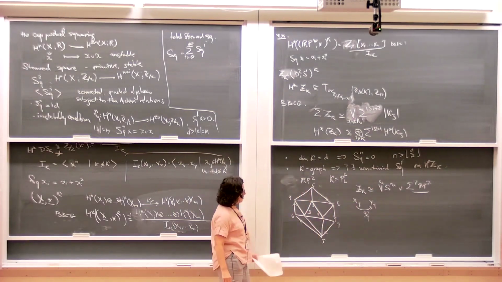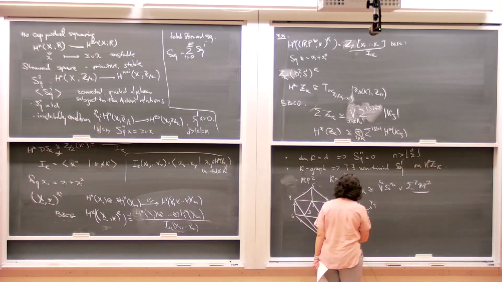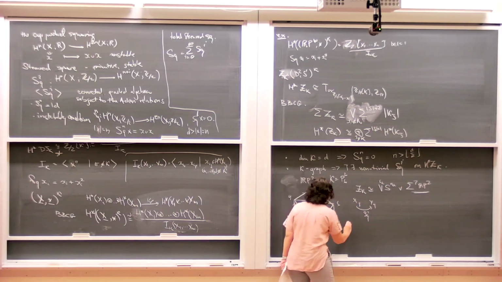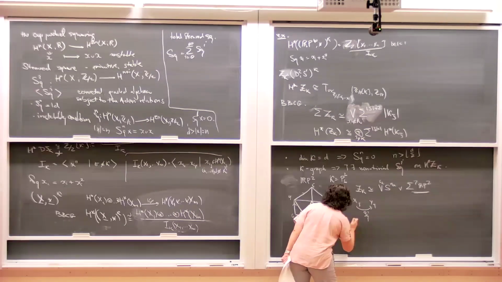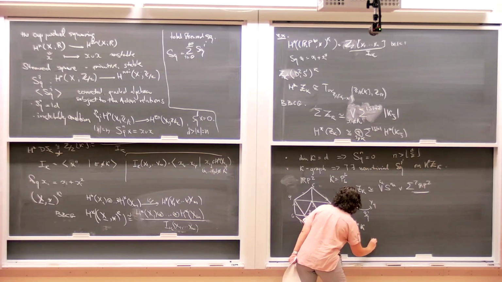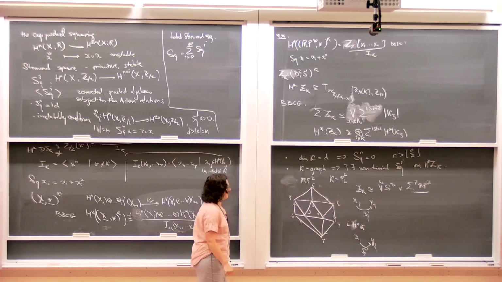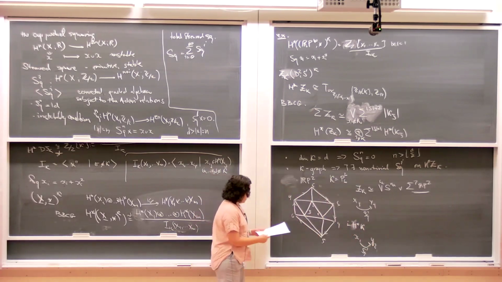And obviously you can see that in the cohomology of K, you will have x in degree 1 and y in degree 2, and they are connected by Sq^1.